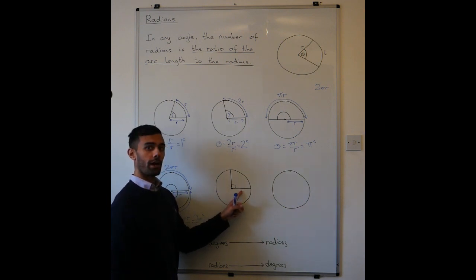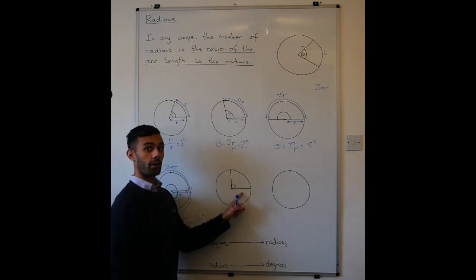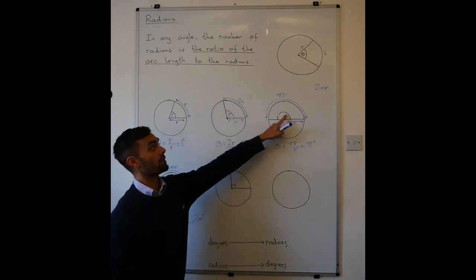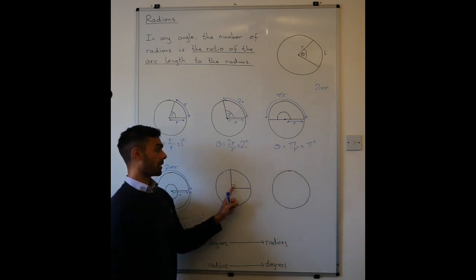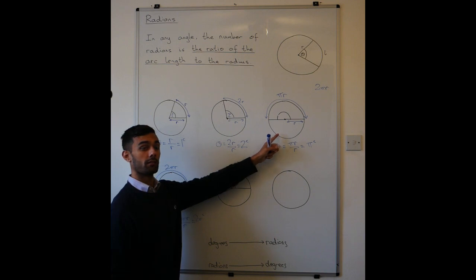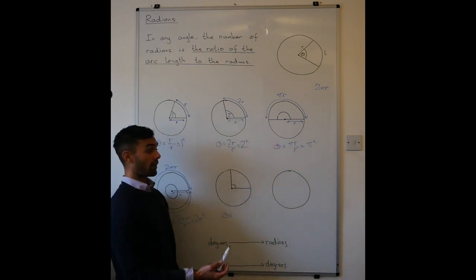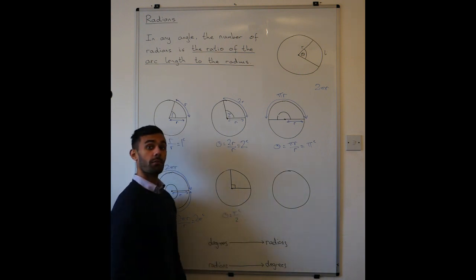I haven't marked on the radius. In fact, we're not even going to use the ratio of the arc length to the radius, because you'll probably be able to get this angle size using some things we've already done. You know that the angle for a semicircle is pi radians. This angle is half of that. So some of you will probably notice straight away that this is just pi over 2.